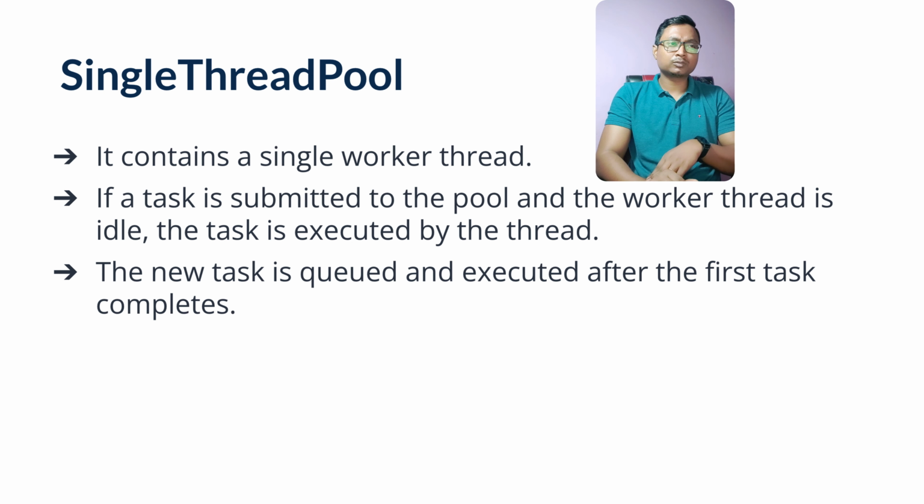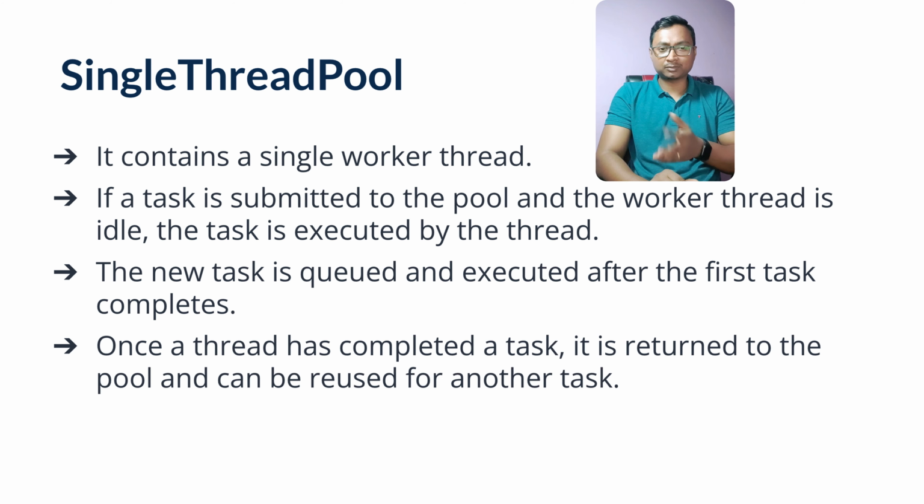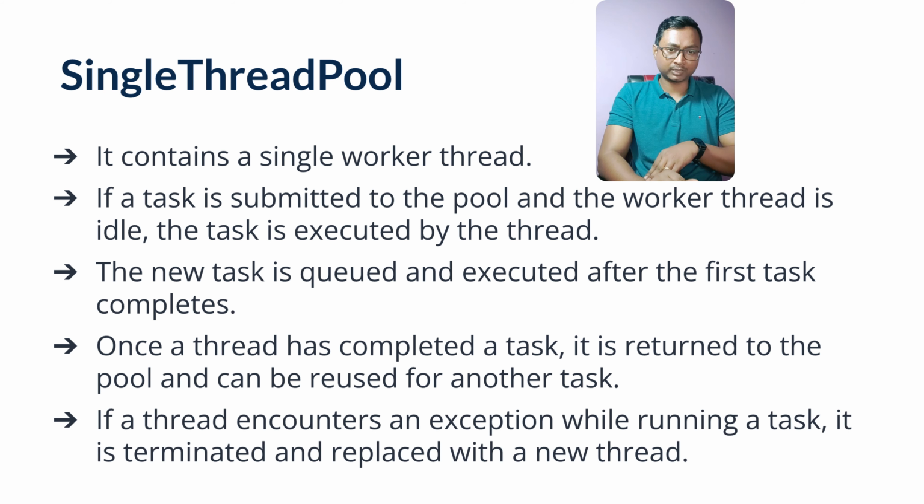An important thing to remember is that as soon as the worker thread completes its activity, it will be assigned back to the pool and available for execution of the next activity. One common question is, what happens when you encounter an exception while running the task?